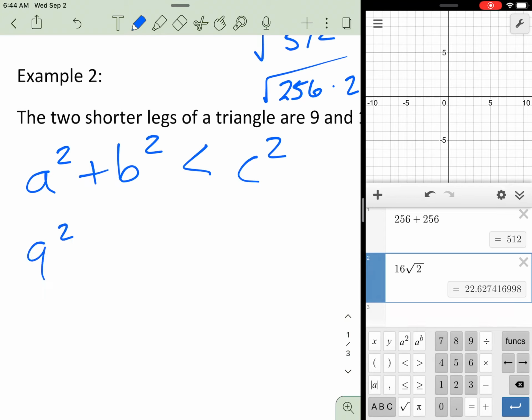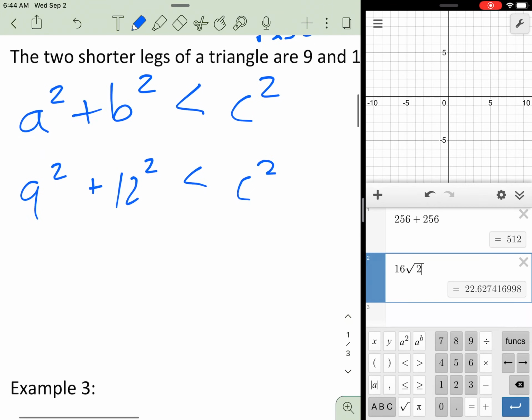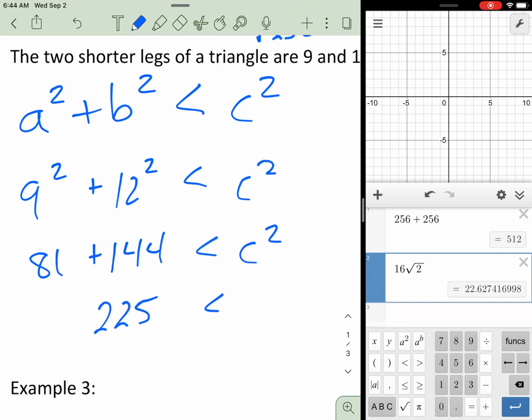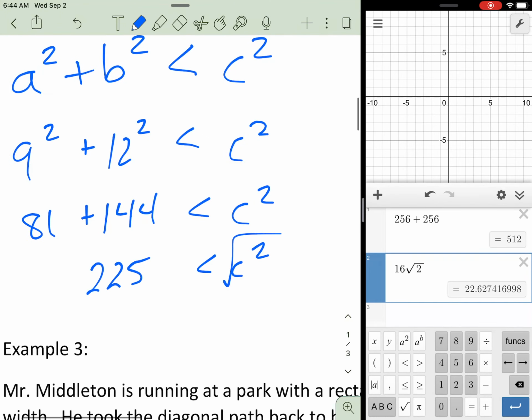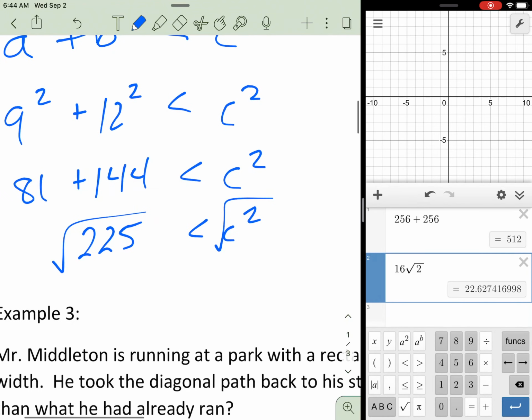Let's go ahead and plug this in for our legs. I'm going to keep this as c squared. This is 81, this is 144, c squared, 225, c squared, take the square root. And you get 15.